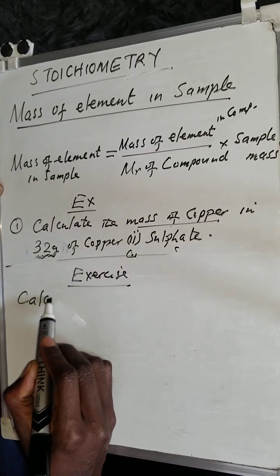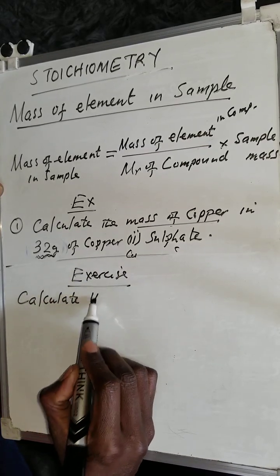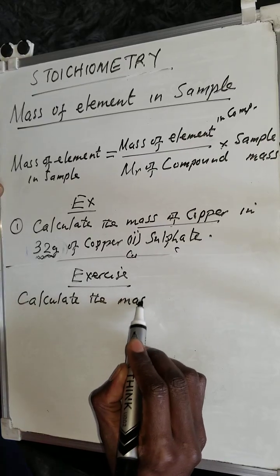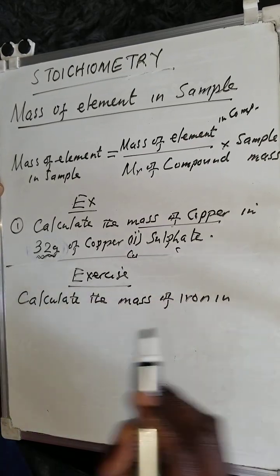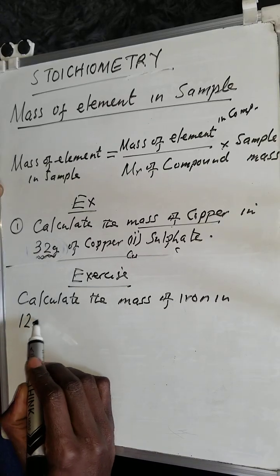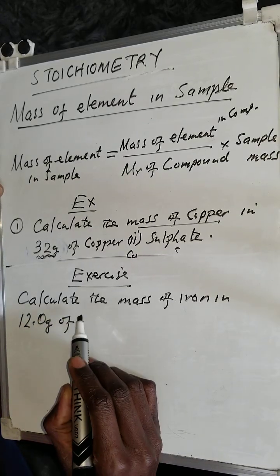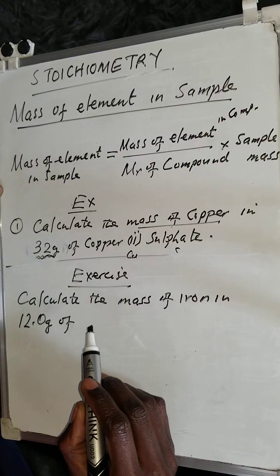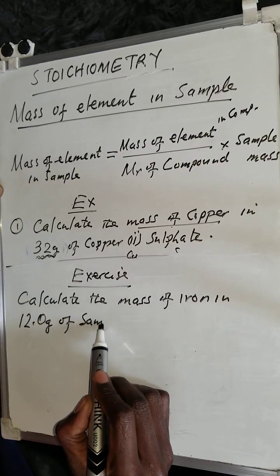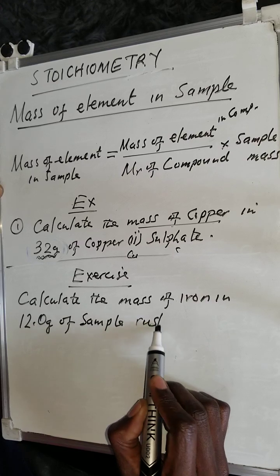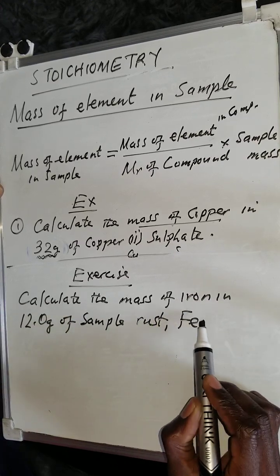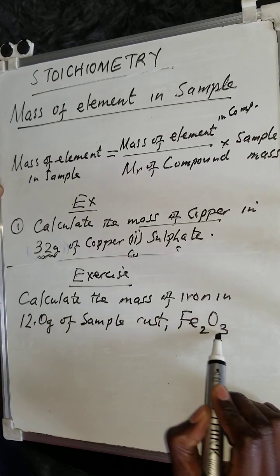I can simply tell you to calculate the mass of iron in 12.0 grams of a sample of rust. In this case, you can say iron 3 oxide.